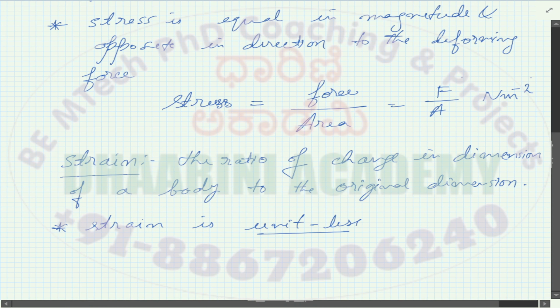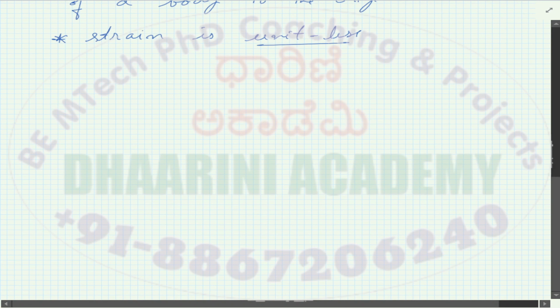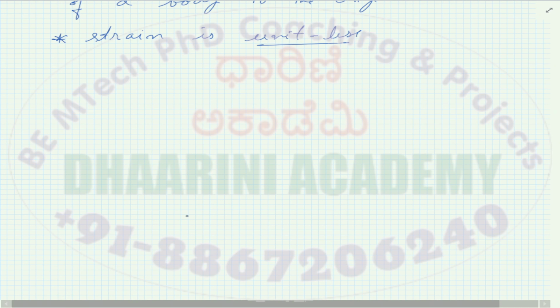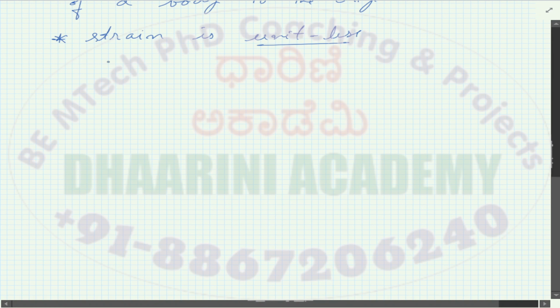All right. So we understood the basics required to define stress and strain. Now let us look at the various types of stress and strain. First, we'll start with the types of stress.